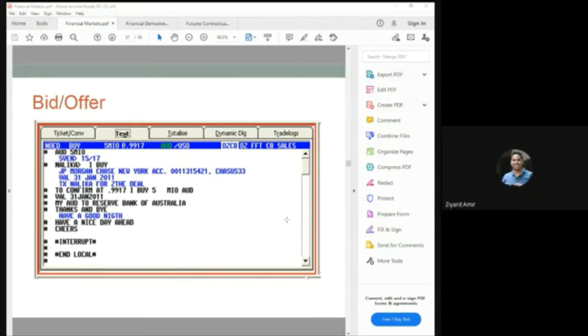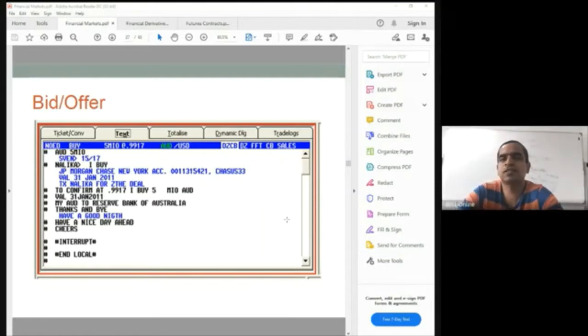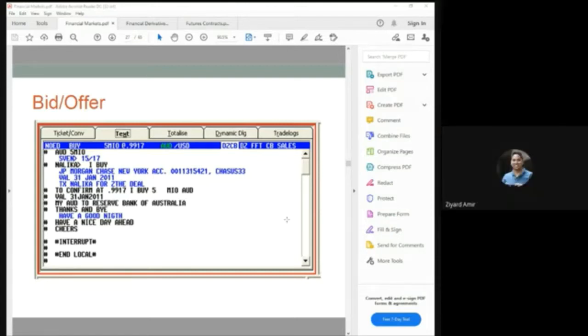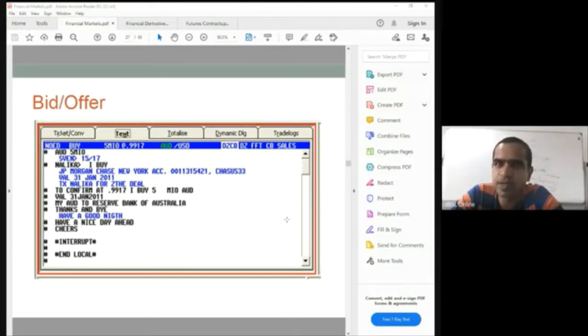And when there are more bids in the market, more buyers, more demand, the price should go up. So it depends on demand and supply.